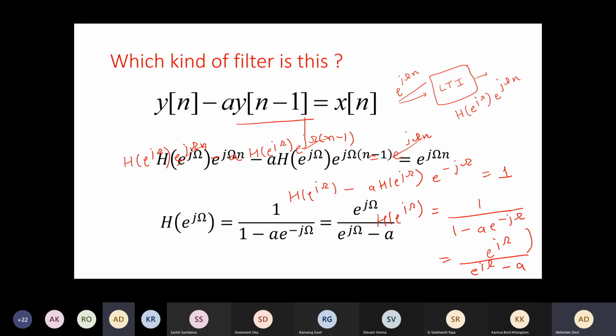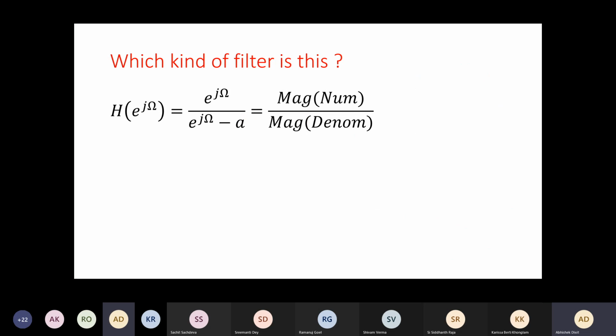Now I will introduce some concepts here before we proceed further. It's very hard to avoid mistakes. What we are interested in is the mod of H(e^jω). So this equation is slightly ambiguous.